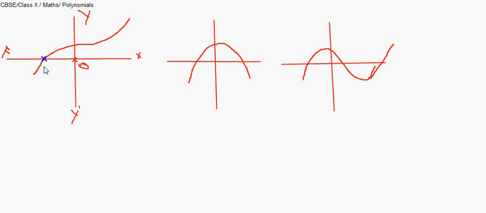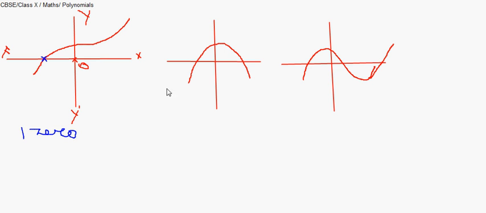So here you will have 1 zero of the polynomial, because the graph intersects the x-axis at one point. Either you say y equals 0, or you understand it as where it is intersecting the x-axis. So it is intersecting the x-axis at one point, so it is 1 zero.